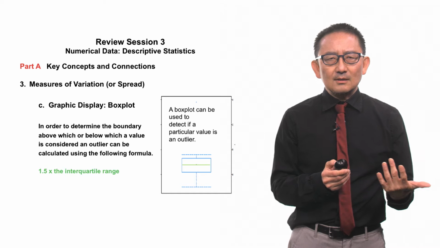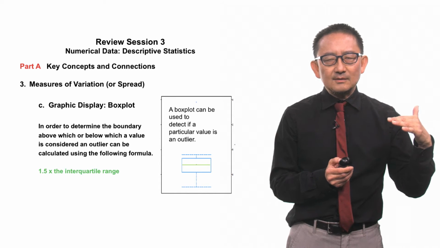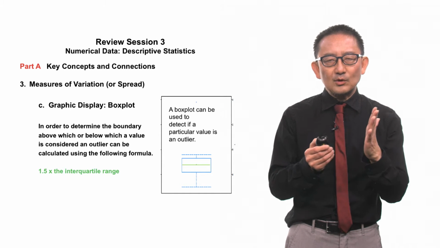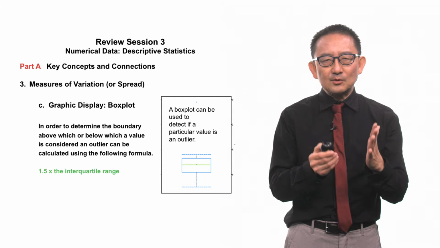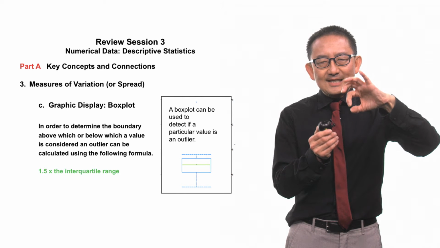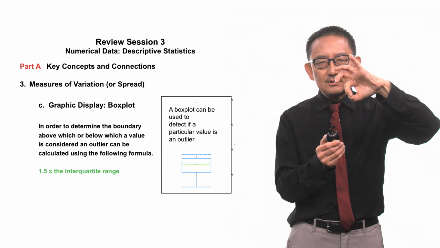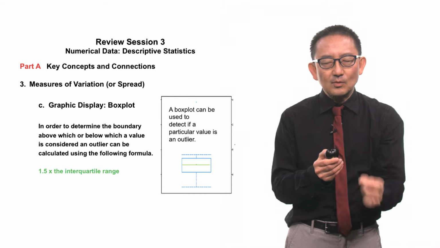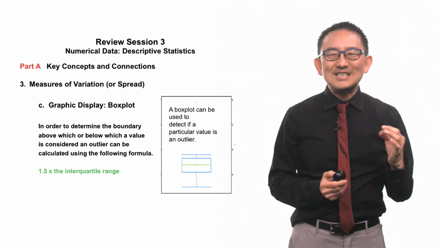So what we will do then is calculate 1.5 times the interquartile range. If we multiply 1.5 times the interquartile range, we take that product and add it to quartile 3, and we subtract it from quartile 1, and we will have these boundaries, which are referred to as fences.